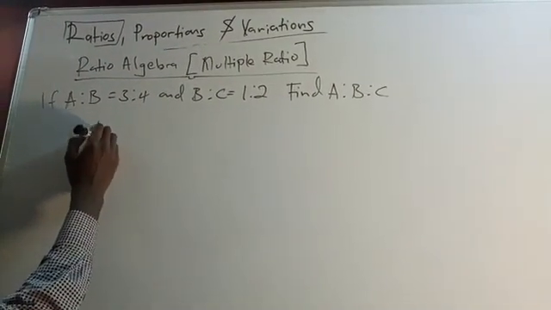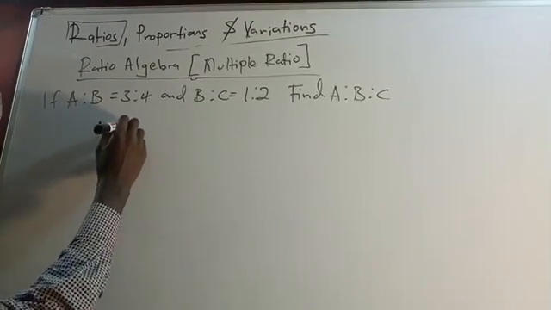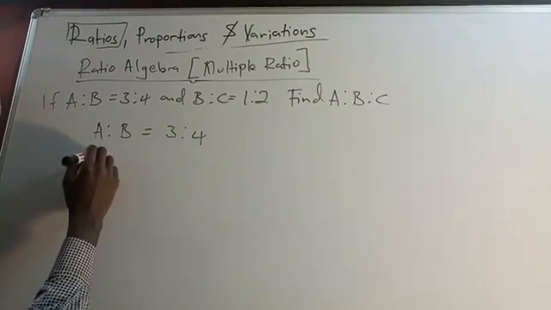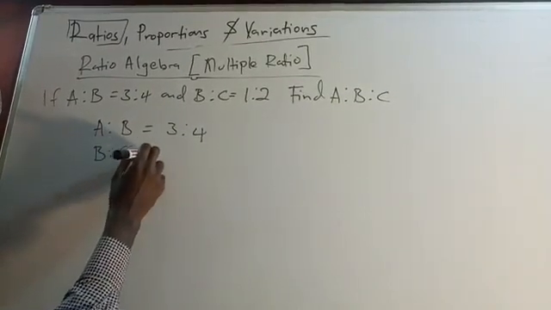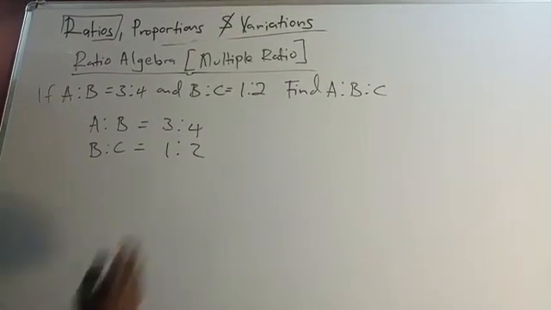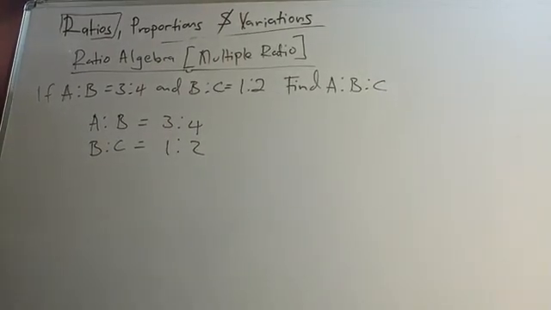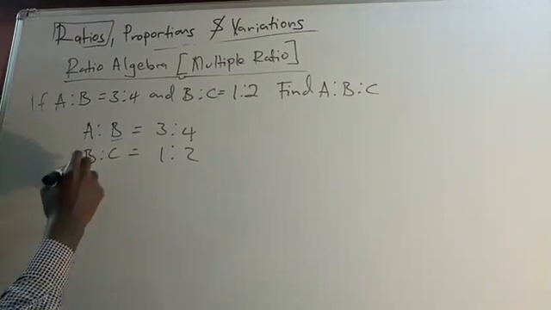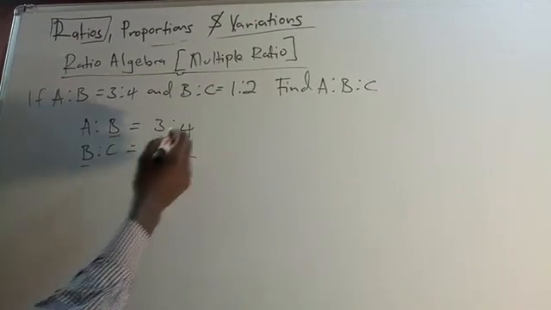Doing the same procedure by arranging them, A to B equal to 3 to 4 and B to C equal to 1 to 2, getting the LCM of these B's, it will be 4.